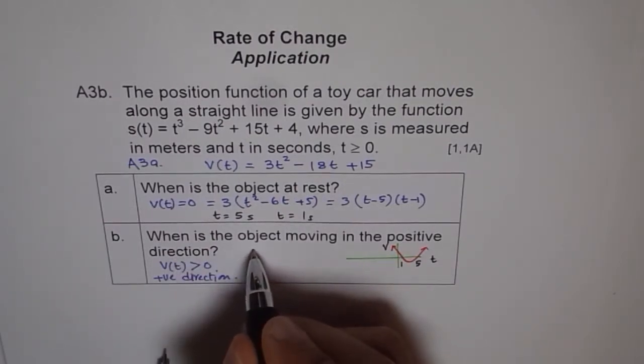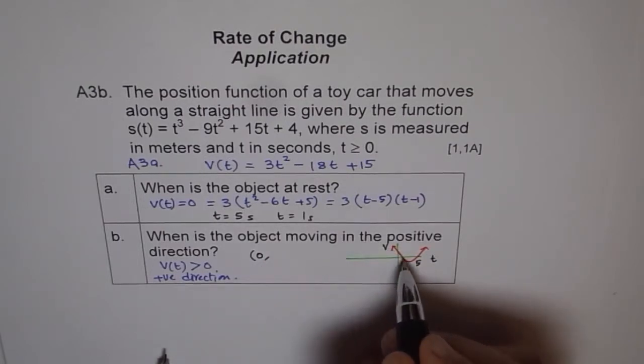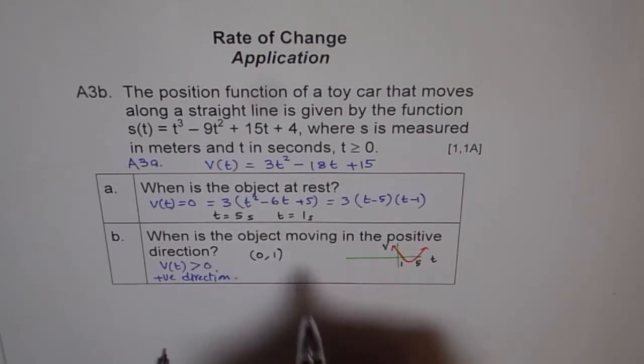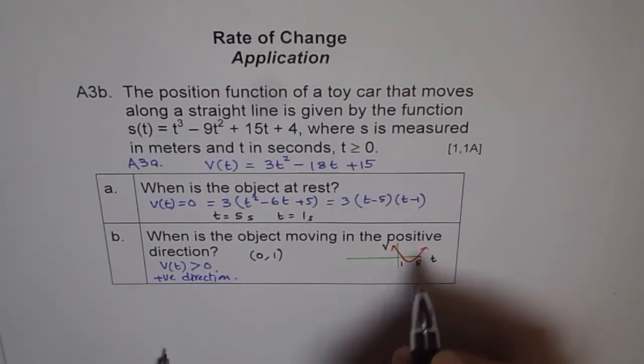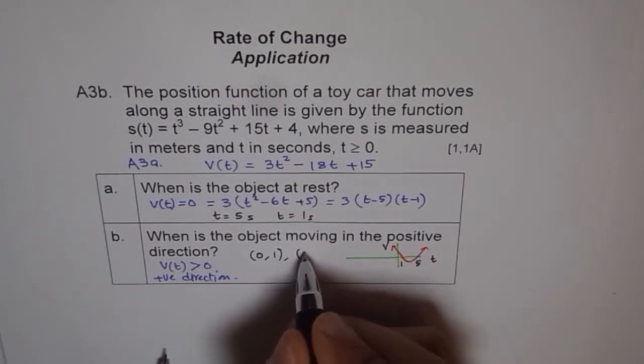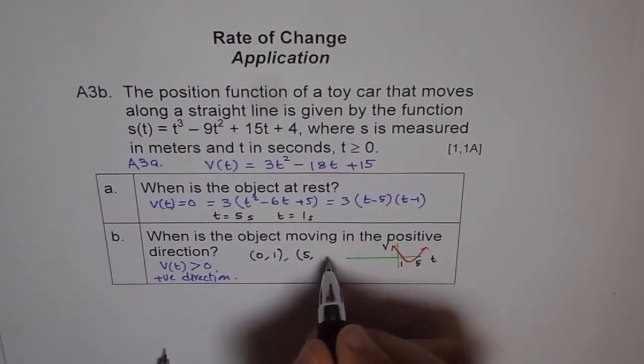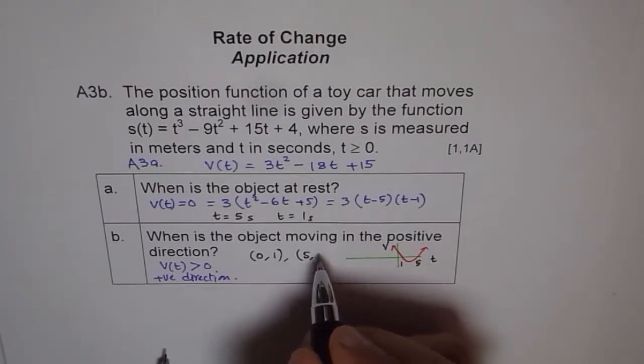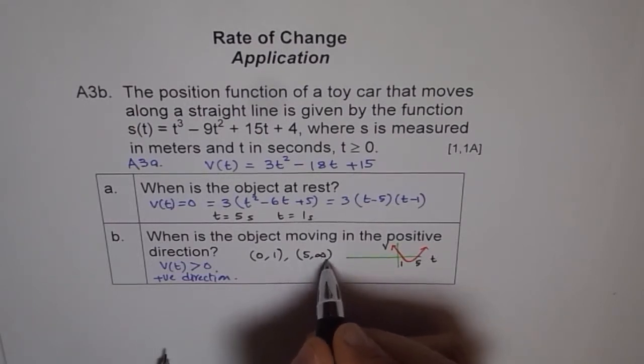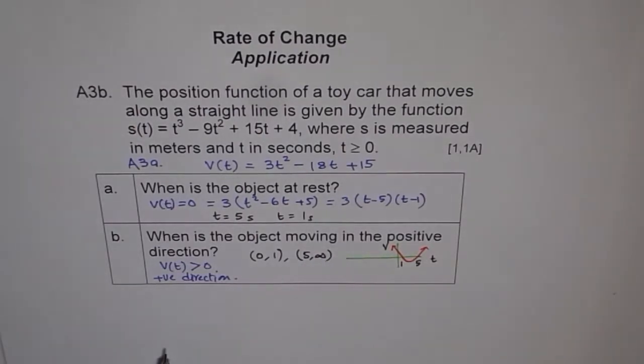The answers are from 0 to 1, where velocity is positive, and then after 5, so 5 onwards, or greater than 5. So theoretically we can say to infinity. That is one way of looking at it.